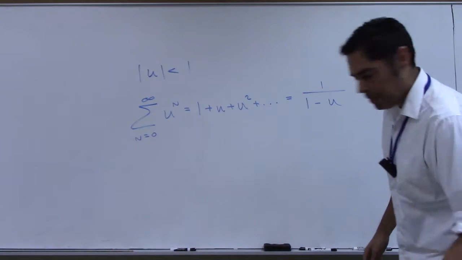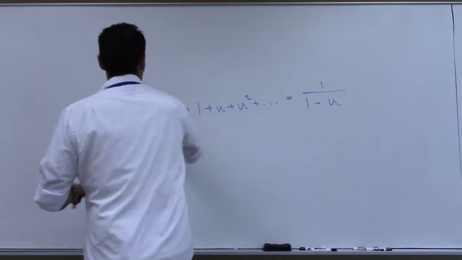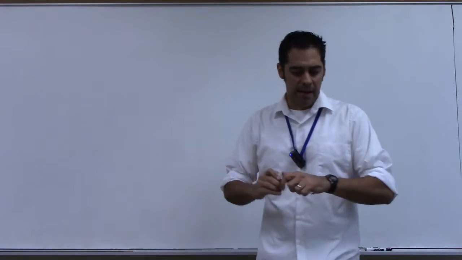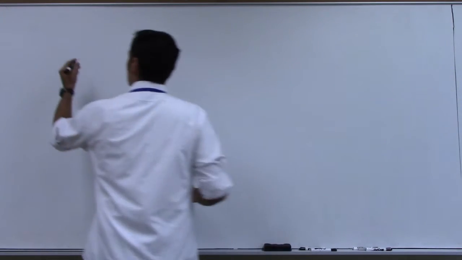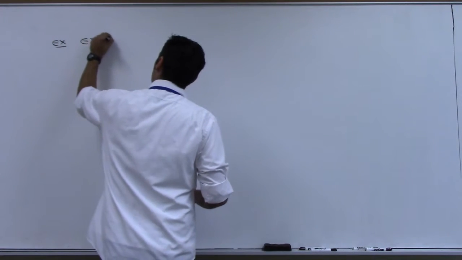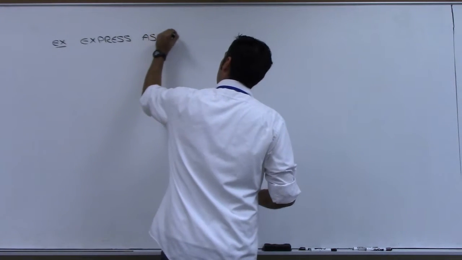Let's start with this. This is going to get increasingly difficult as we move through the class. So what we want to do first in this example is express this as a power series.